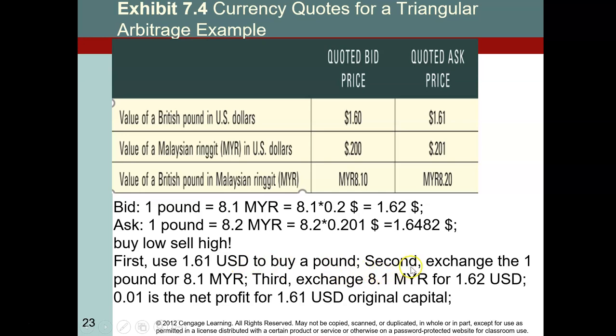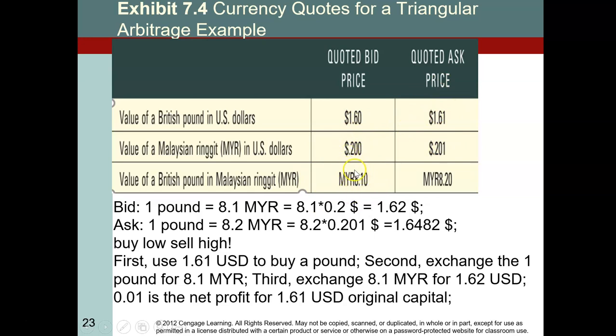The second step is to exchange the 1 pound for MYR. We buy the pound at the lower ask price, and we can sell it at the higher bid price, but we need to do 2 additional steps here.